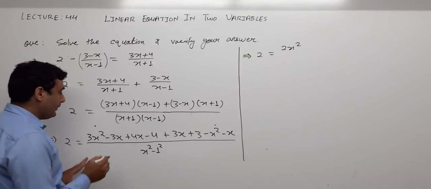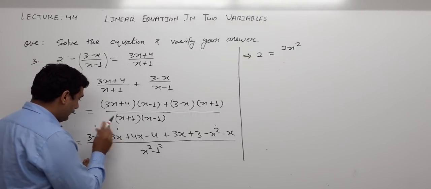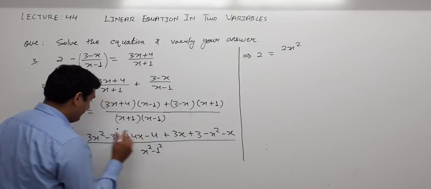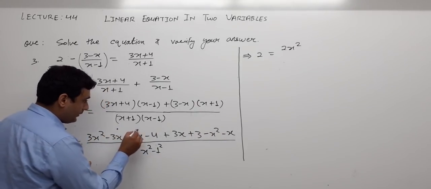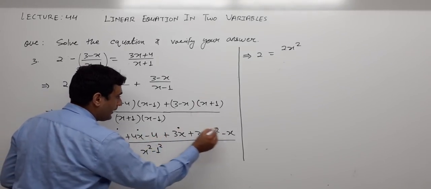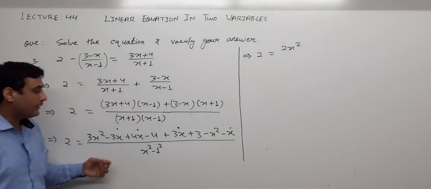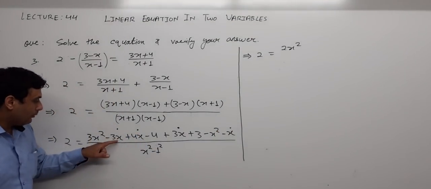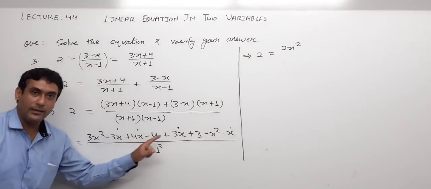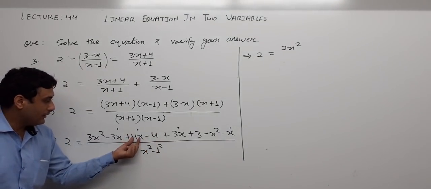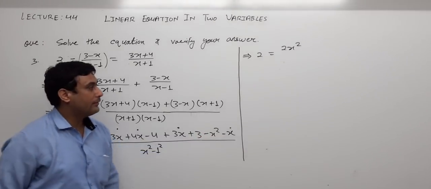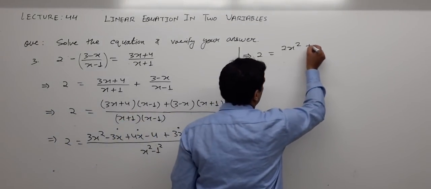Now I will see the terms containing x. There are 4 terms which contain x. So minus 3x plus 3x, they will cancel out each other. What I will be left with is 4x minus x, that is plus 3x.